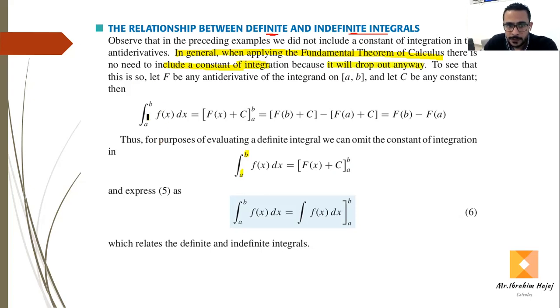To see this, if we have the definite integral from a to b of f of x dx, and we know that uppercase F is the antiderivative of f of x, plus c, at a to b. When I substitute, it gives F of b plus c minus F of a plus c. The c will drop out, it cancels, and you are left with only F of b minus F of a.